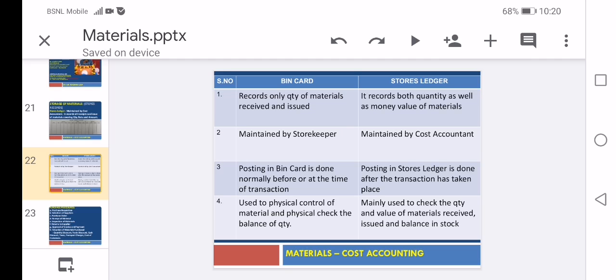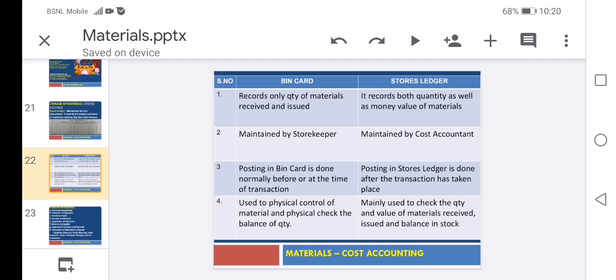Bin card is used to control the physical material or physical check. Means quantity is checked by going through physical verification of the stock available in the godown. In the case of stores ledger, it helps in checking the quantity as well as amount in 3 forms.